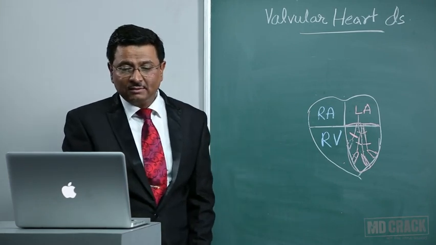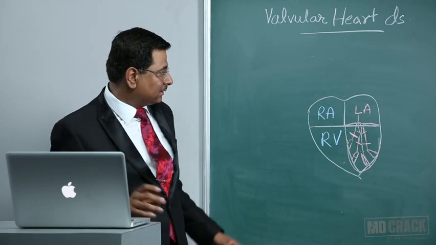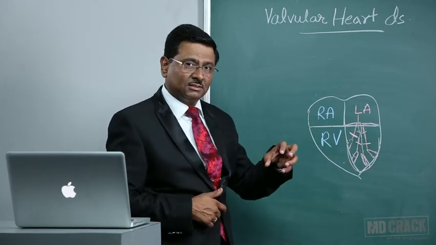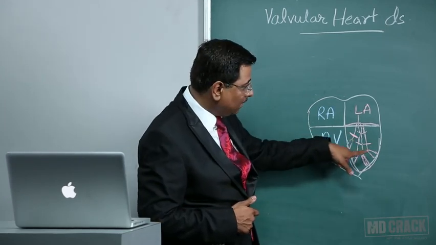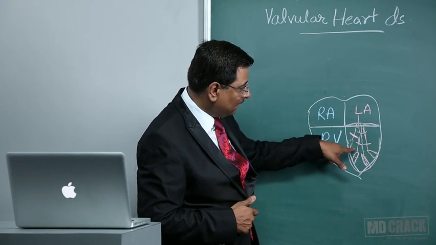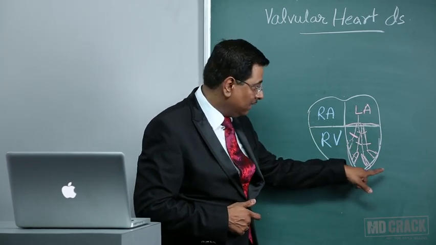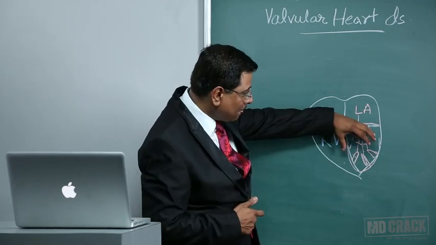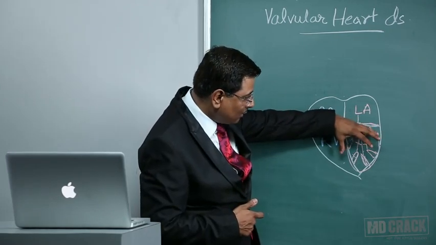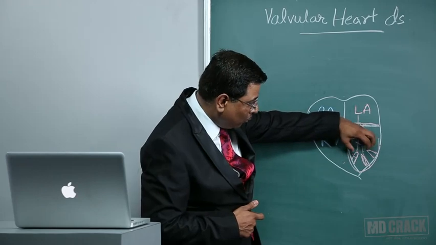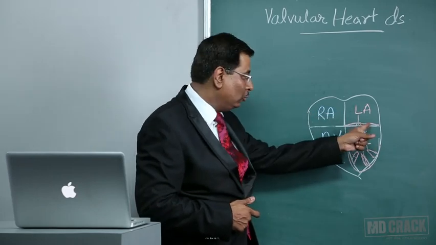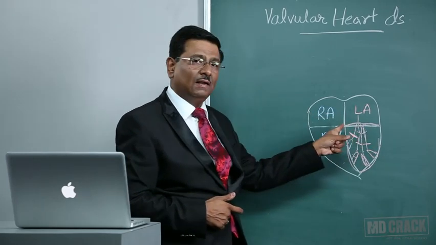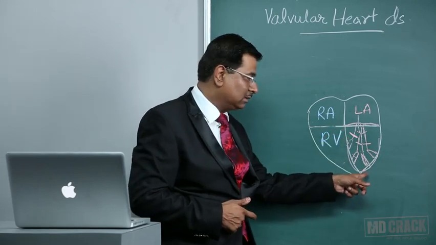What is the cause for exertional dyspnea? You can understand when there is aortic stenosis, blood has to pass from the left ventricle into the aorta, and here is the aortic valve which is getting stenosed. So definitely the left ventricle has to generate more pressure. So there would be hypertrophy of the left ventricle because of this stenosis.